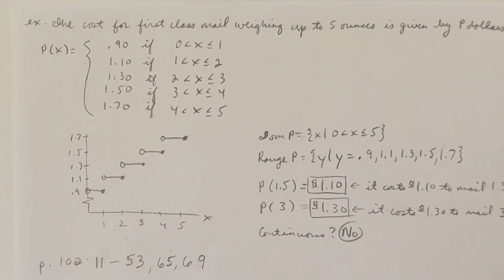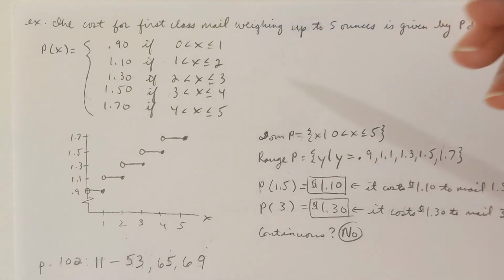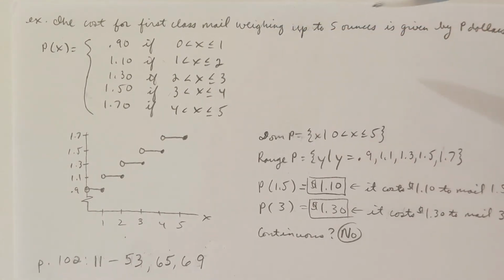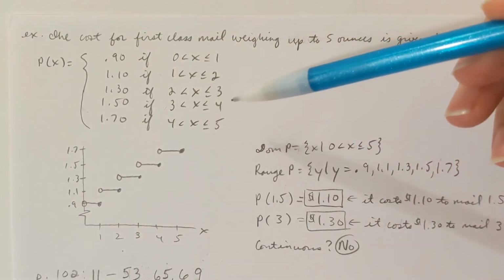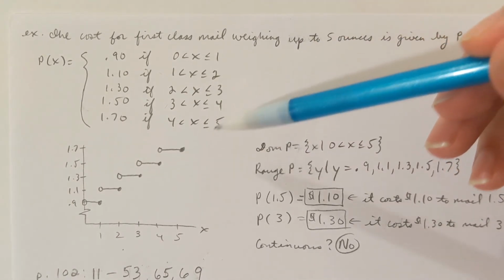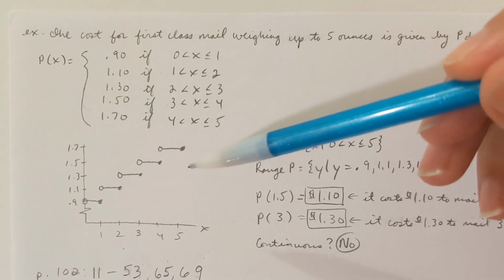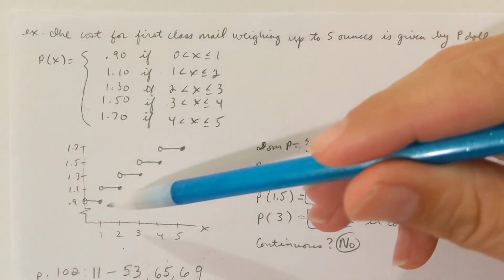Final example is a graph involving a piecewise function. The cost for first-class mail weighing up to 5 ounces is given by P, where P of x is given by this piecewise definition. If I graph the curve, anywhere that's between 0 and 1 gives me 0.9.